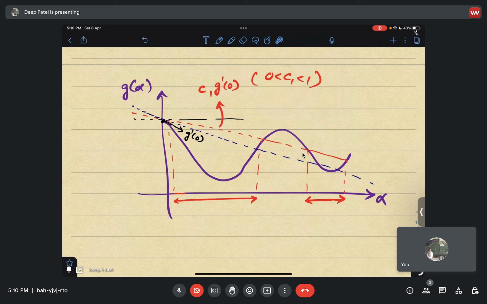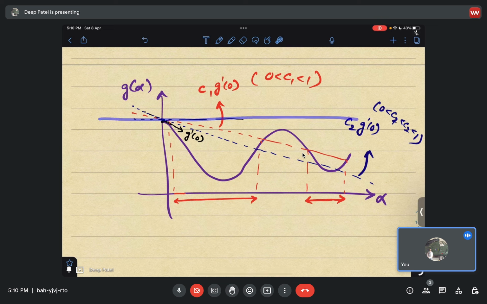So this line is basically c2 g'(0), where c1 < c2 < 1. This is our reference, the zero slope, and this is my slope at the current point, g'(0).